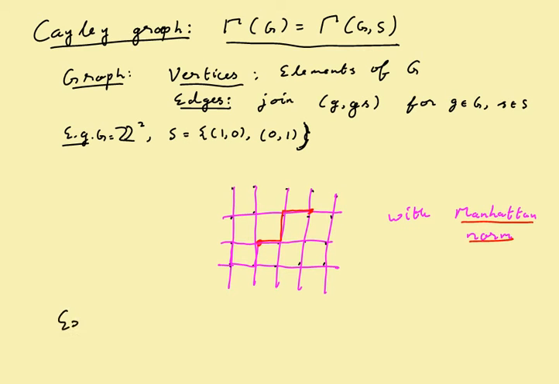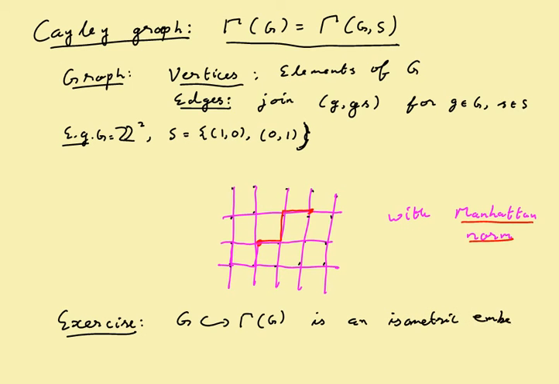So here's an exercise. Well, G itself is a subset of this. G includes in gamma of G as an isometric embedding. That is, the distances are all preserved, but it's not onto. Well, what metrics are we taking?